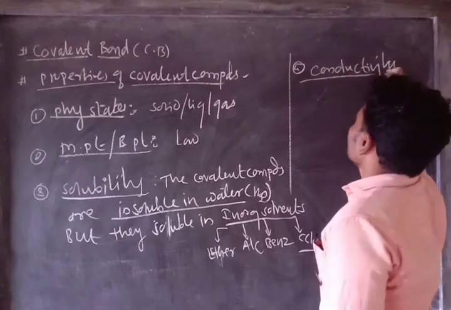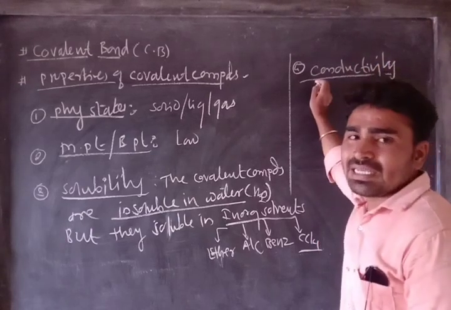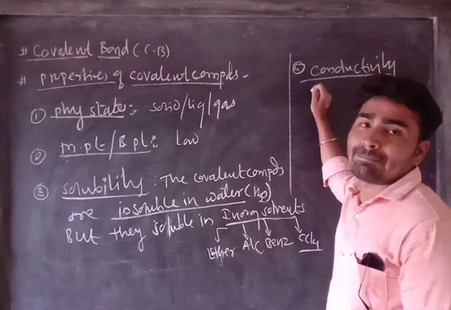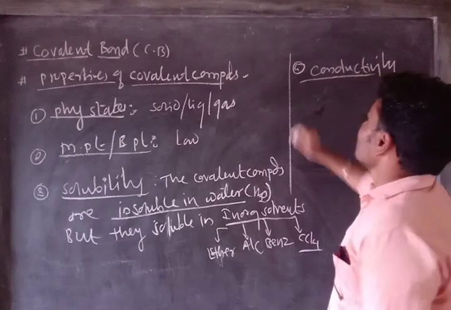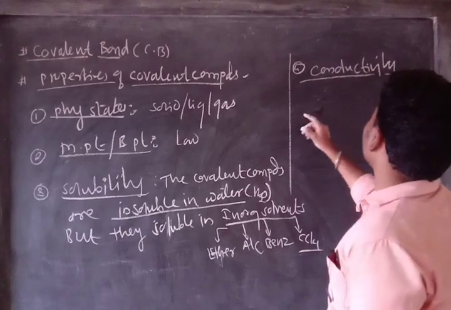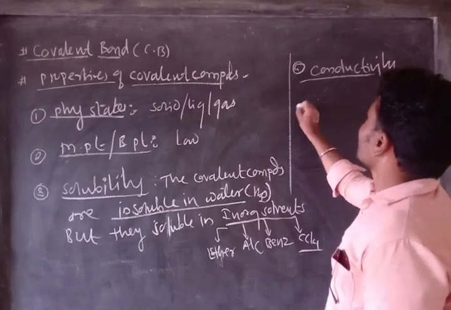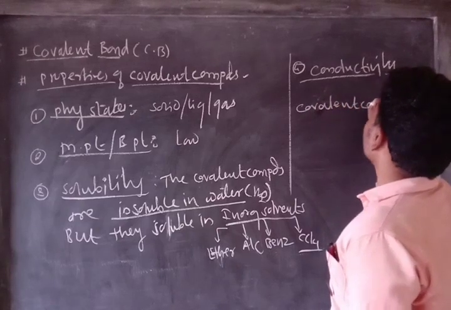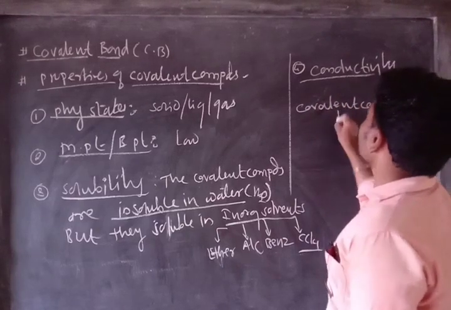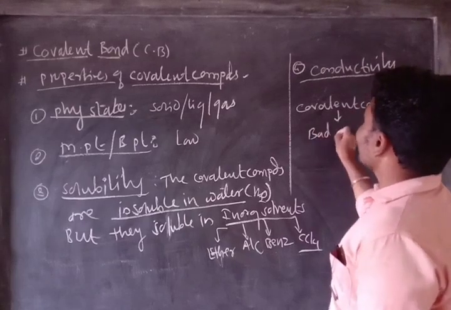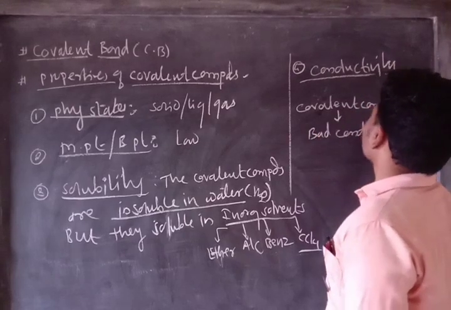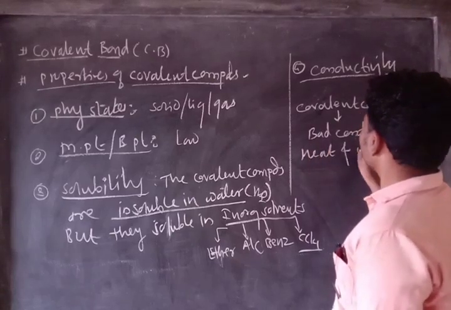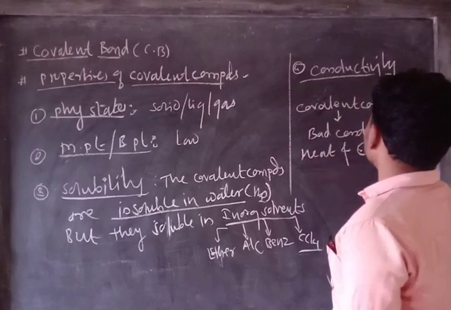So my dear students, when we talk about the conductivity, that is the heat or electrical conductivity, then we can simply say that covalent compounds are actually bad conductors of heat and electricity.